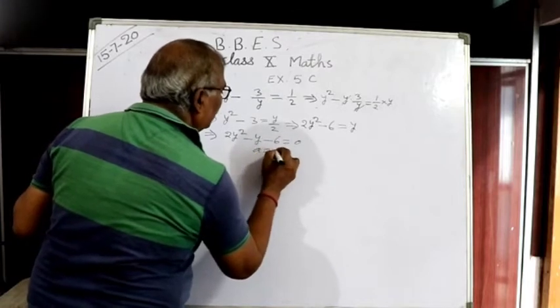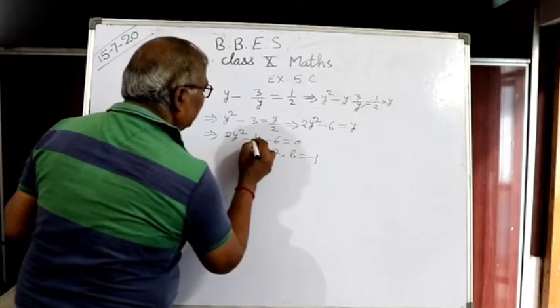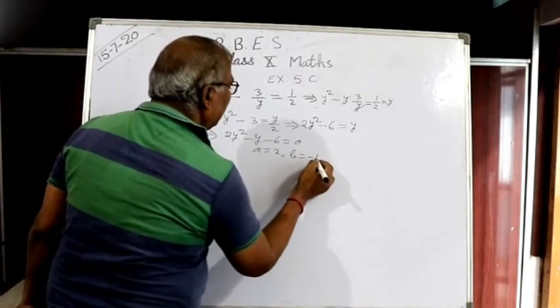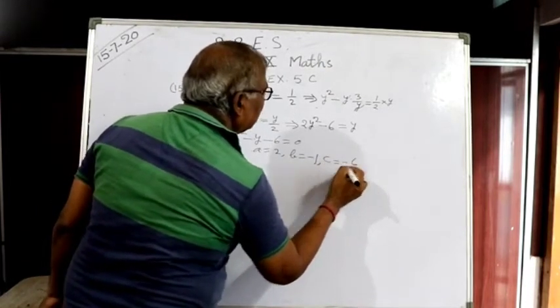Here a is equal to 2, b is equal to minus 1, since there is no number written with y, it is 1, minus 1, and c is equal to minus 6.